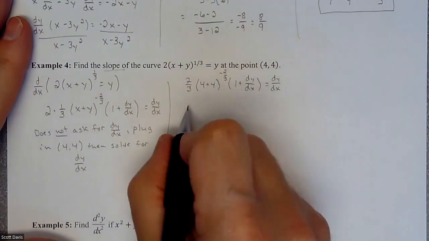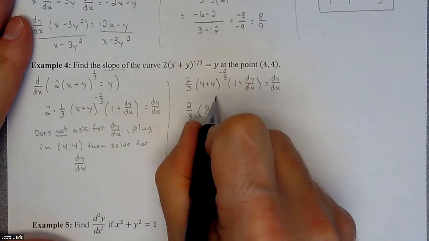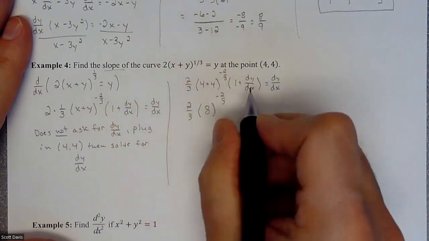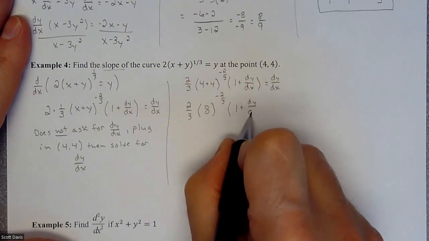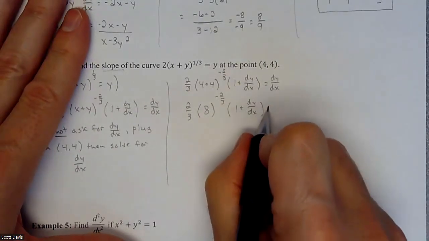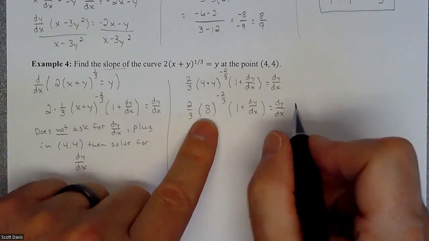So this is 8. So 2/3 times 8 raised to the negative 2/3 power times 1 plus dy/dx equals dy/dx. So a little bit of side work on this thing.